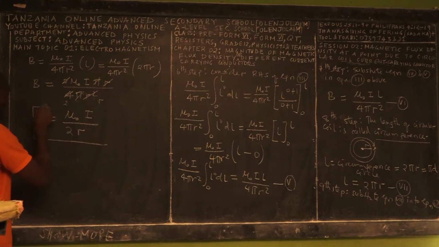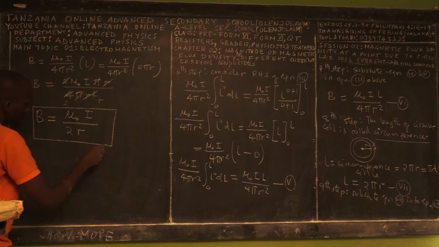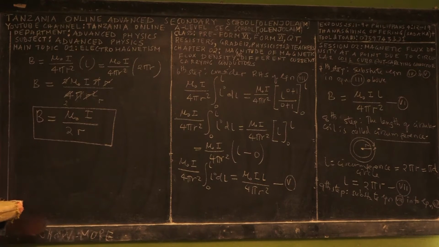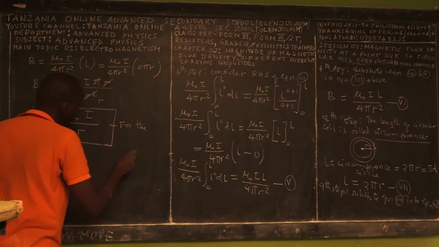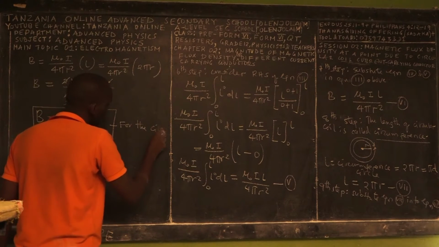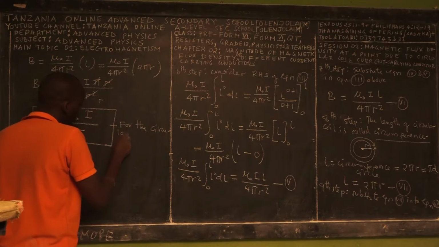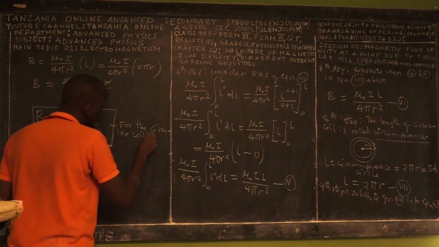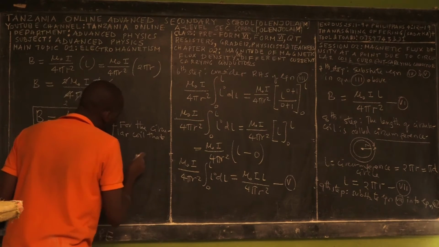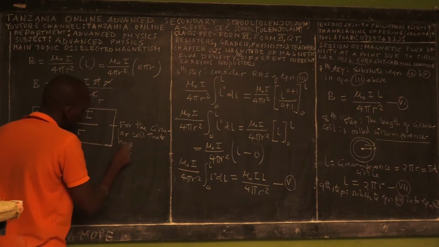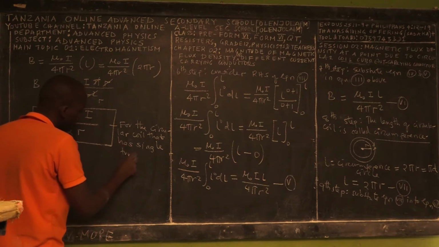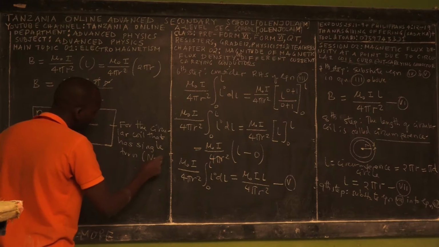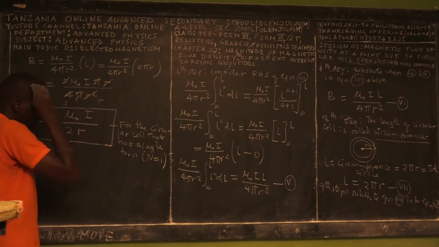But again, this formula is for the circular coil that has a single turn. The number of turns is equal to 1. This is the formula.